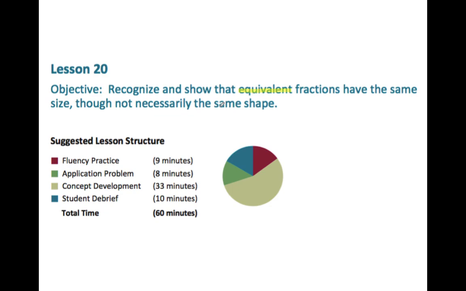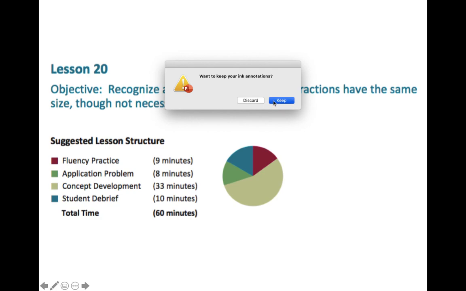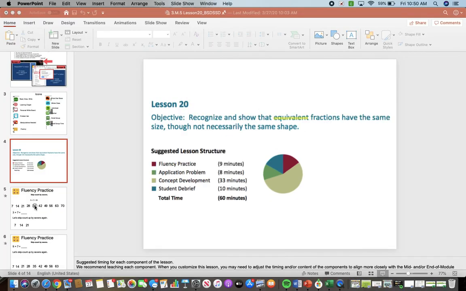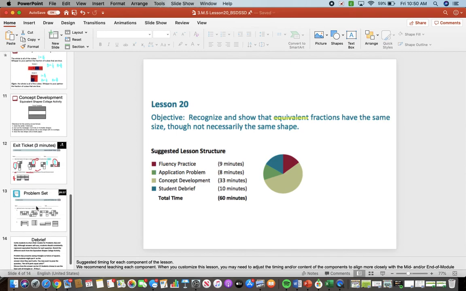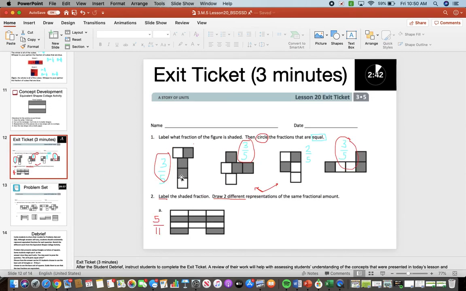If you guys remember, those might have been different shapes, all right? But they were still the same fraction. So to just remind you, I wanted to show you guys really quickly, these are different shapes. They're not all the same shape, but some of them have the same fraction.